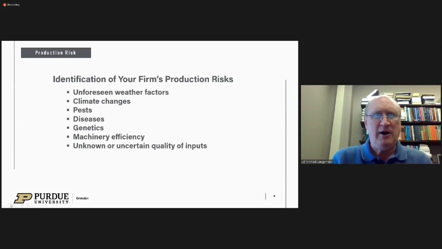And then we have some of our traditional production risk in production agriculture: pests, diseases, genetics, machinery efficiency, unknown or uncertain quality of inputs. Let me talk a little bit more about machinery efficiency. This is very important in the Eastern Corn Belt where we get more rain than the folks in the Western Corn Belt get.